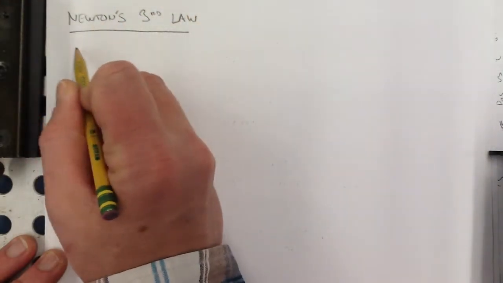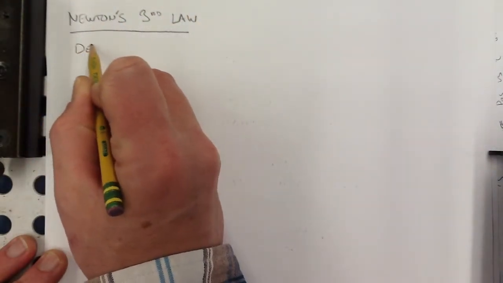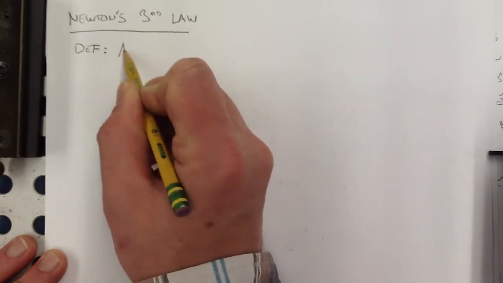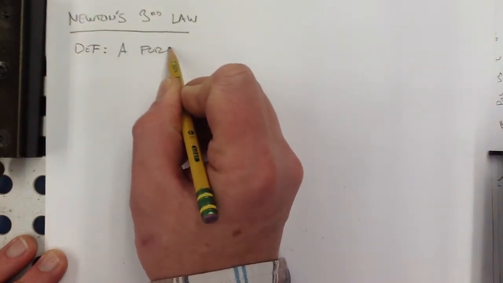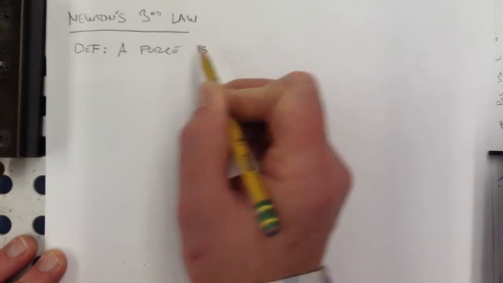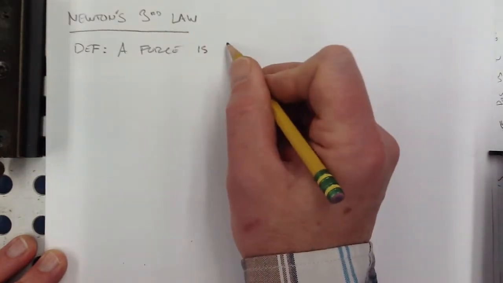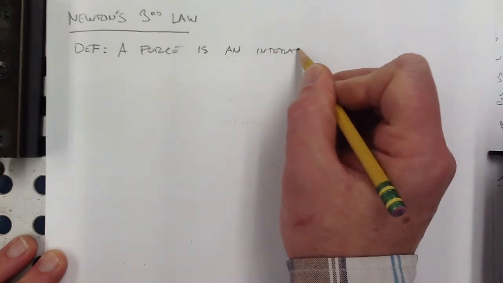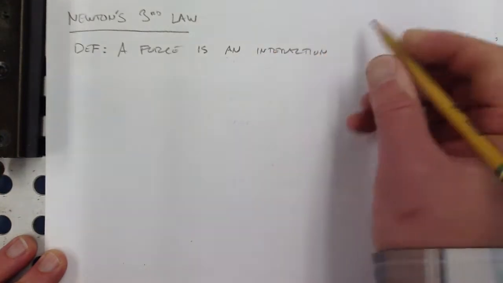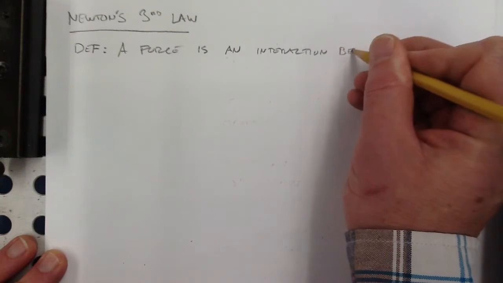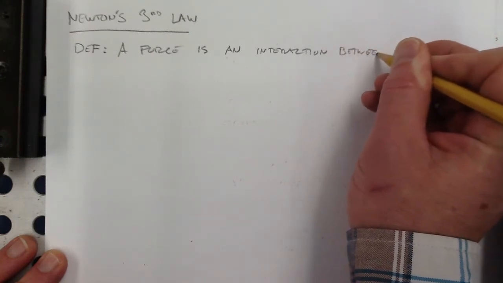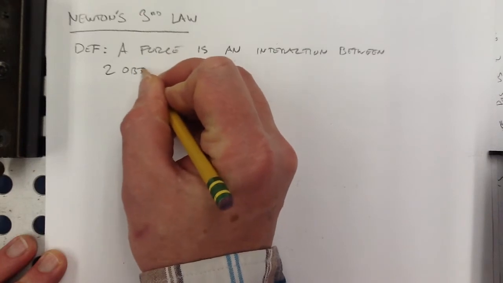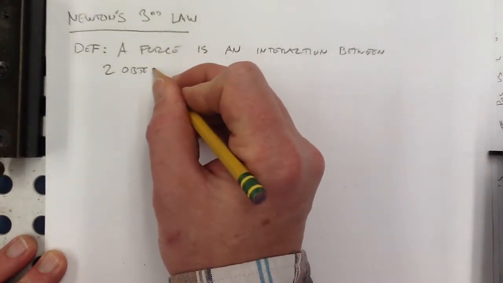By definition, what's a force? A force, you have this somewhere else in your notes, this is not new, is an interaction between two objects. Could be a baseball bat and a baseball.